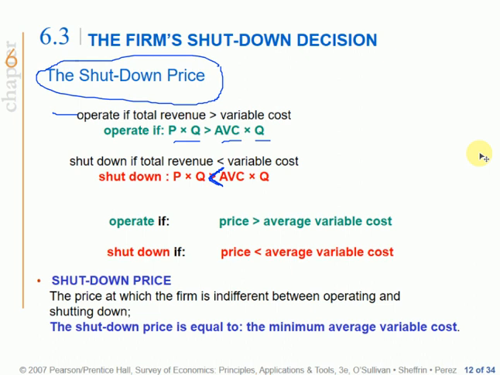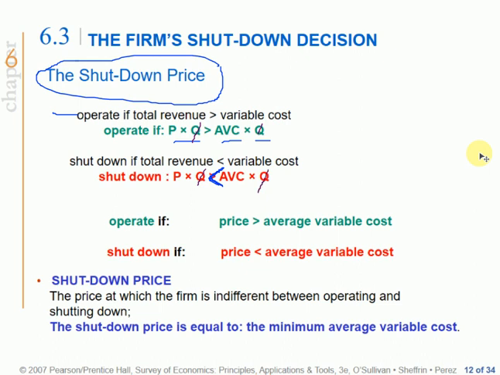So you shut down if P times Q is lower than AVC, average variable cost, times Q. You operate if P times Q is higher than AVC times Q. We can simplify by Q and eliminate Q from both sides.